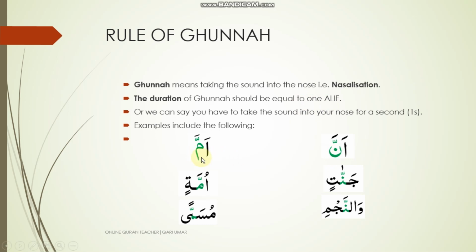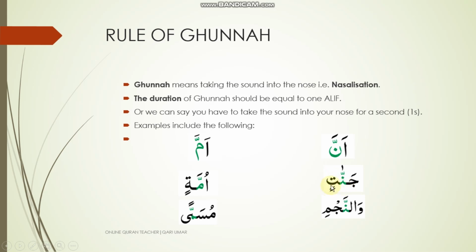If you move further, in the Quran you don't commonly see this alone, generally you see the noon as a part of the word. So in the case of words you must apply this rule whenever you face this condition.